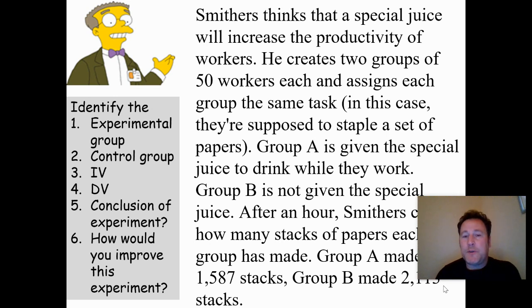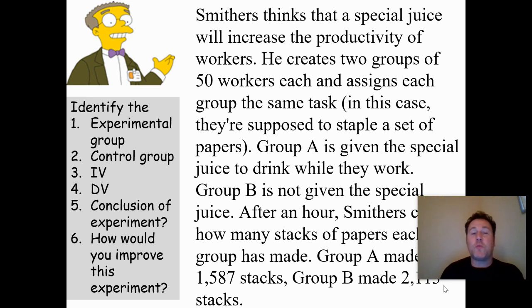Well, one thing I would do is, I don't see any random assignment here. What you're supposed to do is take everybody in the population that you're studying, randomly selected maybe.